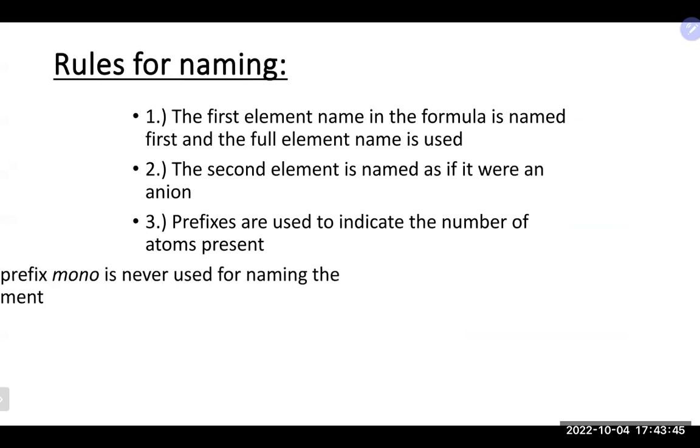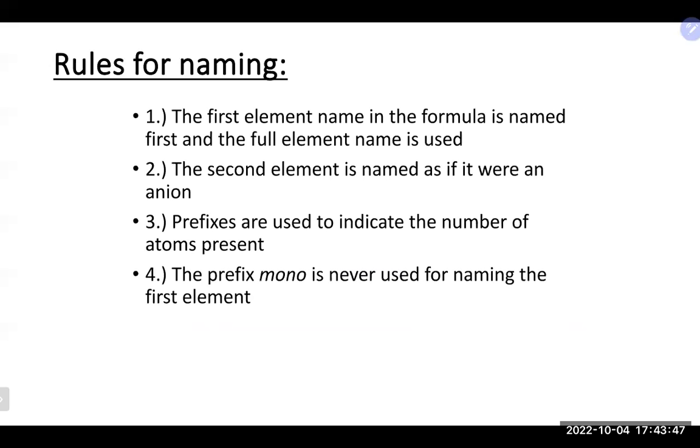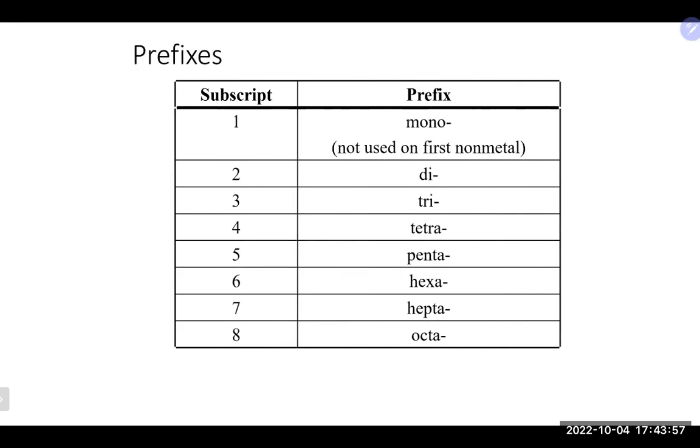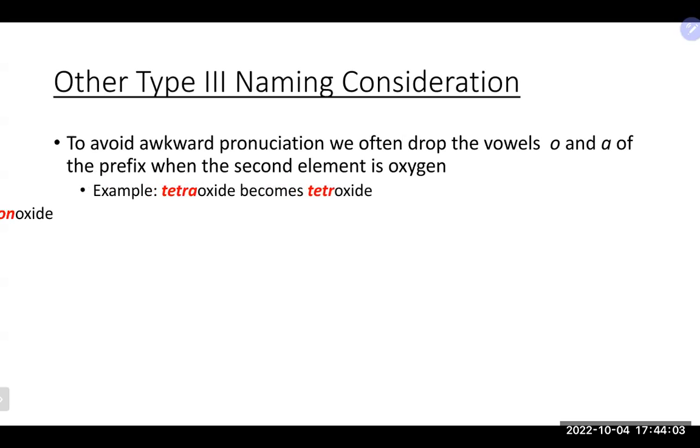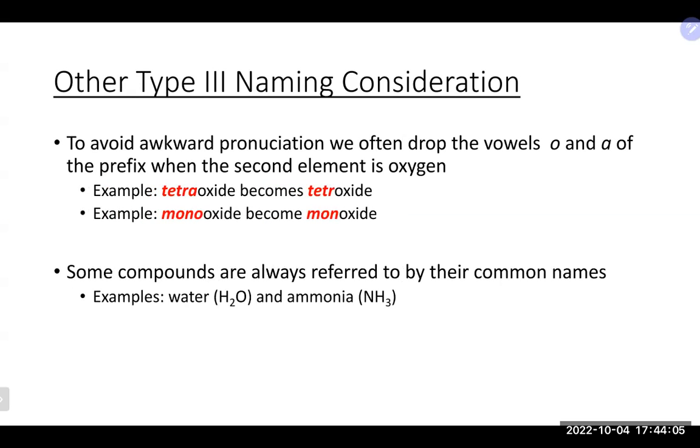So as I mentioned, the rules are we go first element whole name, and the second one gets the IDE. And again, we use the appropriate prefix as long as it is not mono on the first one. Here's a little table of our prefixes. And as I mentioned, this would be tetraoxide.